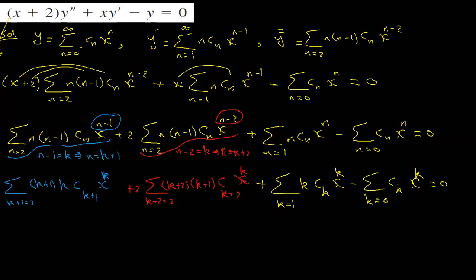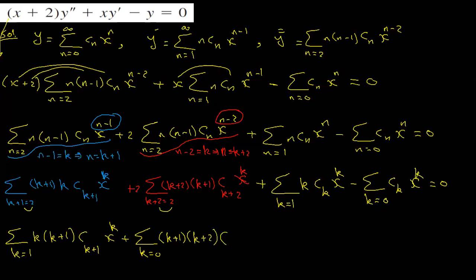Now for me, what I'm going to do is only move the number 1 here, so it is summation k equals 1, because I moved the number 1 here. So it is k plus 1, C k plus 1, x to the k. Great. Now notice all of them with only x to the power k. But maybe we have another problem. Now move 2 here to be 0. So it is k plus 1, k plus 2.